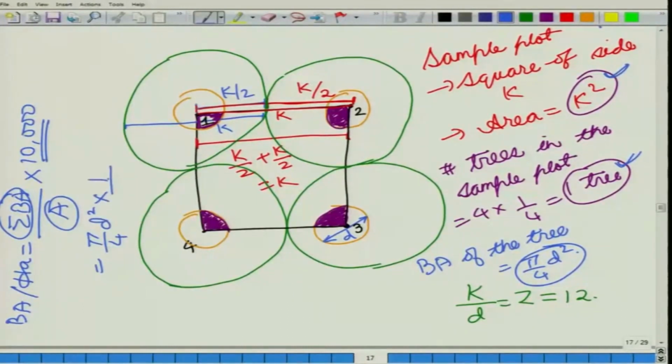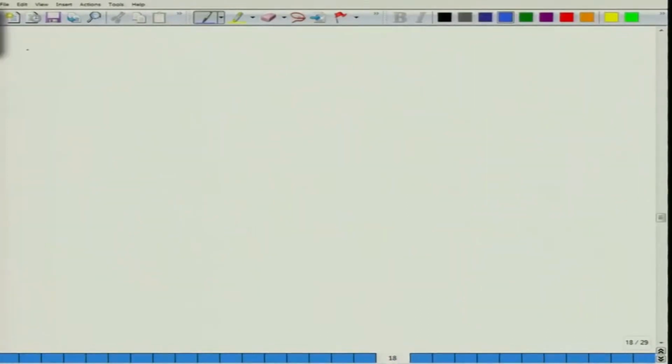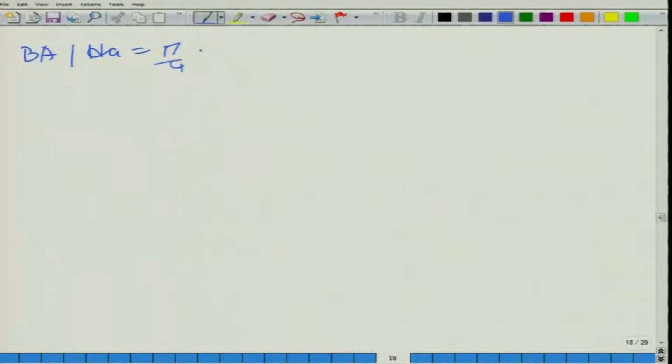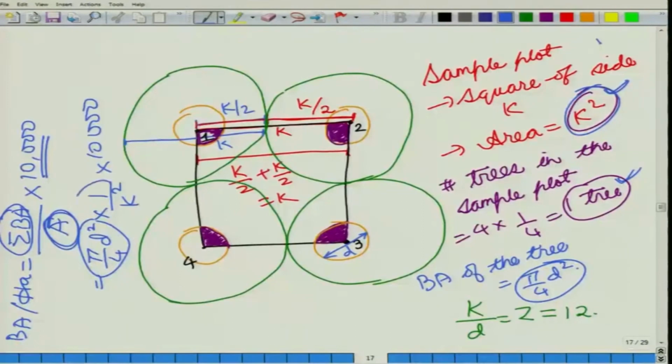So, we divide it by the area A, which is given by k square, and we multiply it by 10,000. So, let us write it here. The basal area per hectare is given by pi by 4 d square into 1 by k square into 10,000.